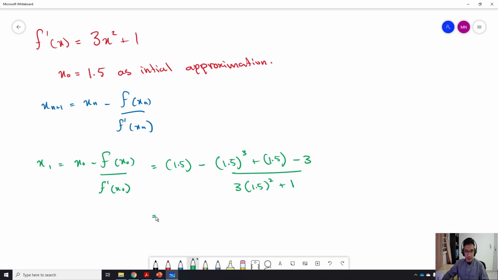You can press your calculator and find out that the value for x1 is equal to 1.258064516. Just take all the values written on your calculator, because usually for the Newton-Raphson method they sometimes ask for a high number of decimal places, because that is an approximation.